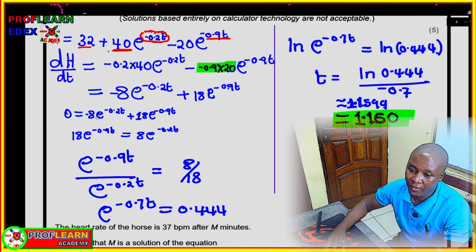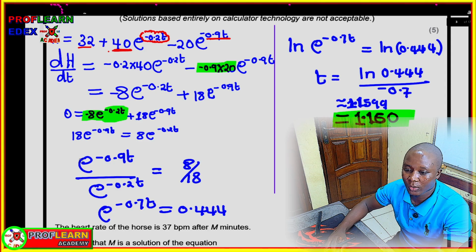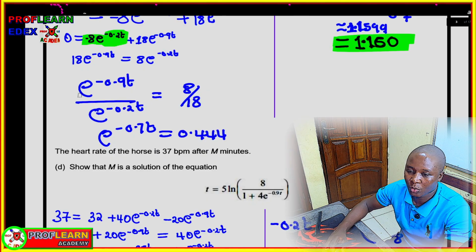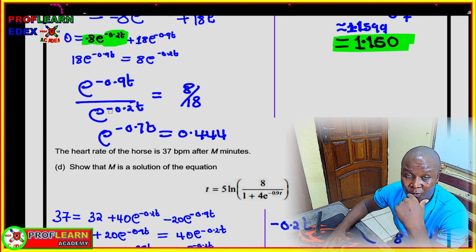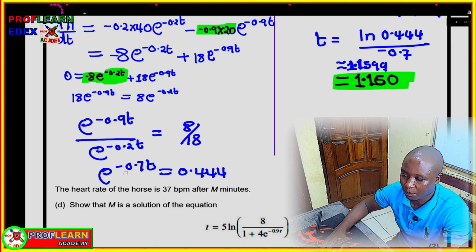Now, since we have negative 8e is negative 0.2t plus 18, you can take all that we have here to the other side of the equal sign, and then we're going to have the expression simplifying to e is to negative 0.9t, and then if you are dividing exponentials, then you can subtract the powers. Yeah, basic concepts of dealing with exponents.